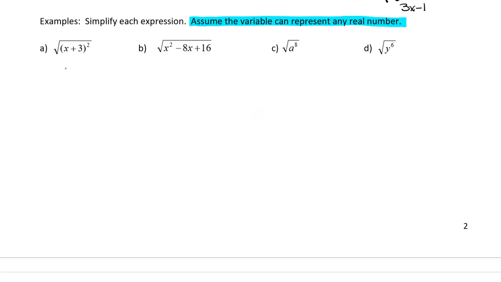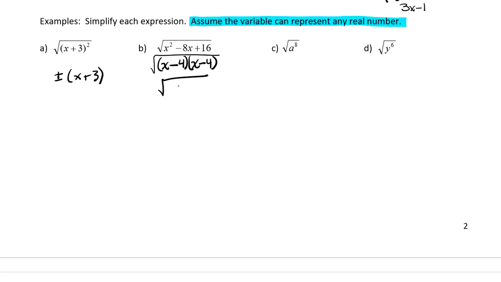So when we have the square root of x plus 3 raised to the second power, this would be plus or minus x plus 3. For the second one, I'm going to factor it. I have the square root of x squared minus 8x plus 16. This would give me an x minus 4 and an x minus 4.